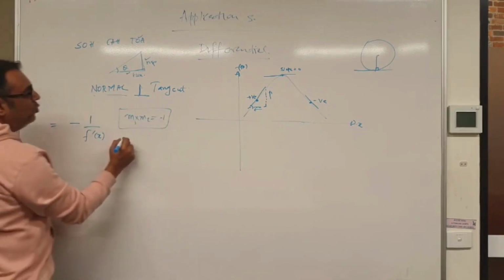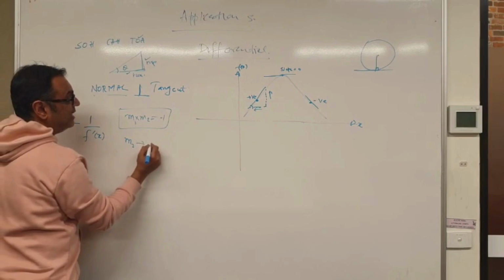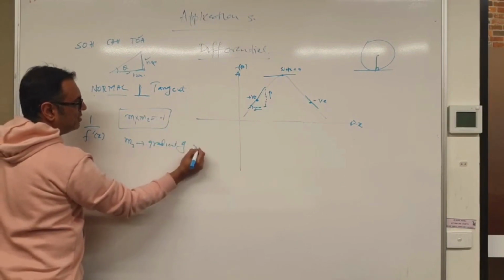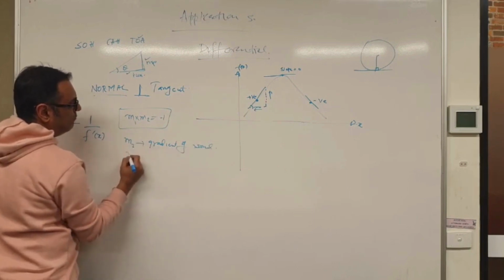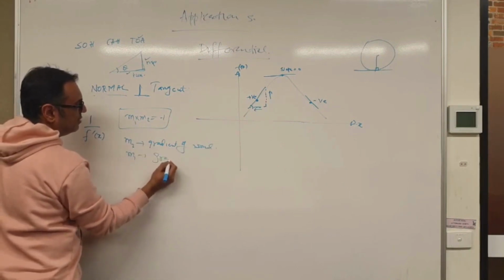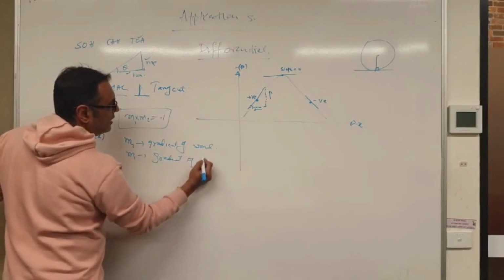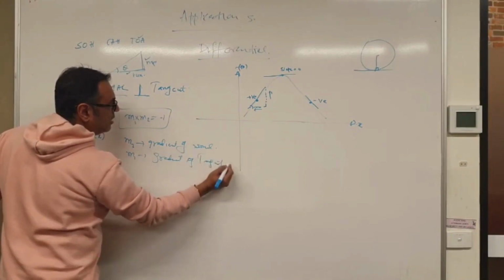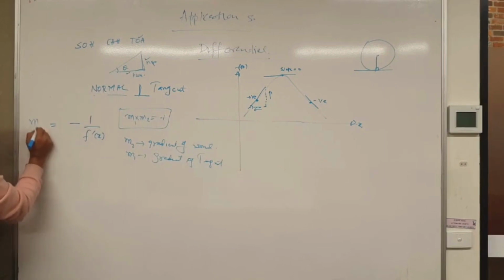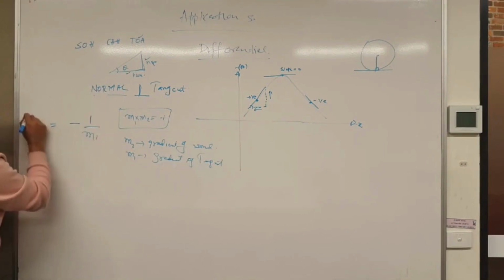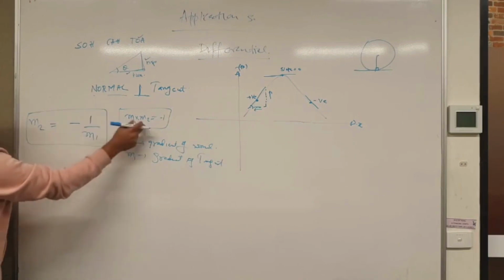So if m2 is the gradient of the normal and m1 is the gradient or derivative of the tangent, I just rearrange this formula.